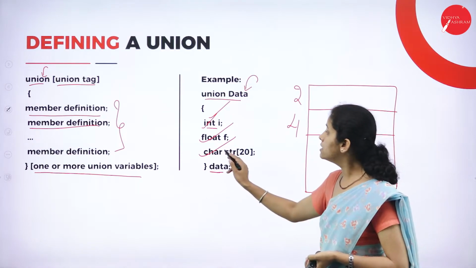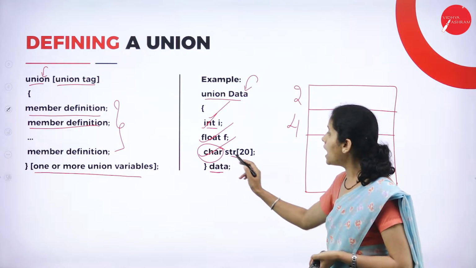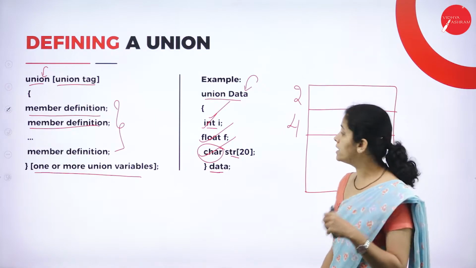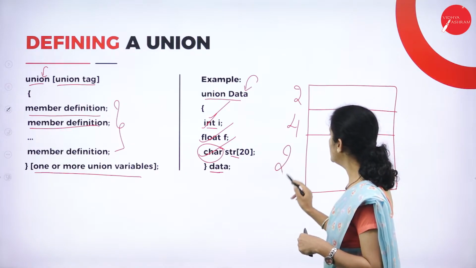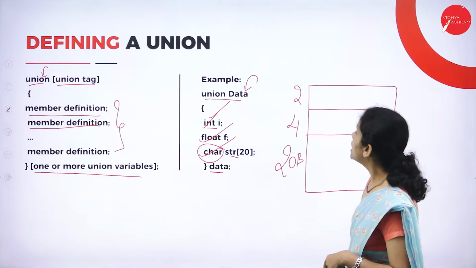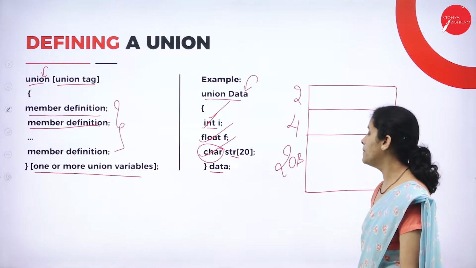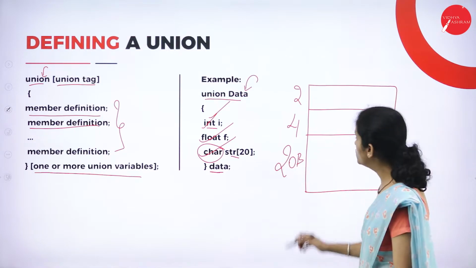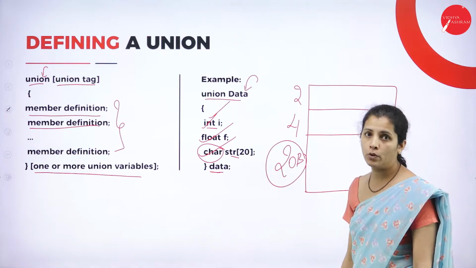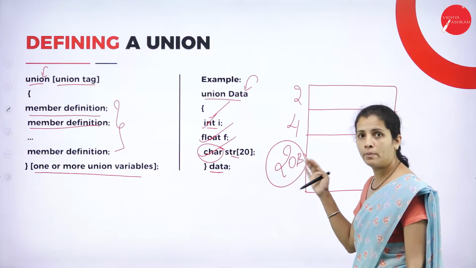That means the size of a character is 1 byte, but here I have an array of characters, size 20. 20 into 1, it is 20 byte. Now the compiler is responsible for allocating the memory, and it's going to allocate only 20 byte of memory.